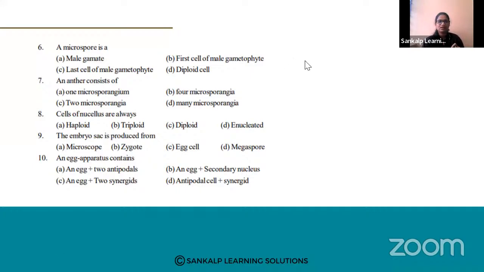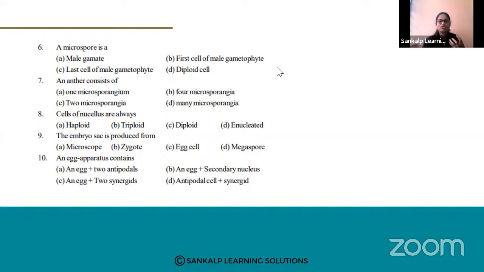Next. The embryo sac, the female gametophyte, is produced from what? Option A microspore, option B zygote, option C egg cell, option D megaspore. What is your response? Very quick responses. Someone said microspore.